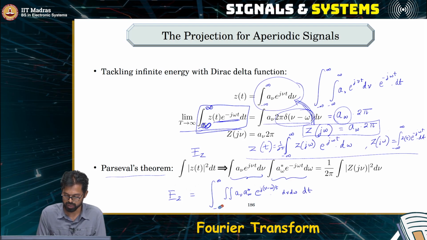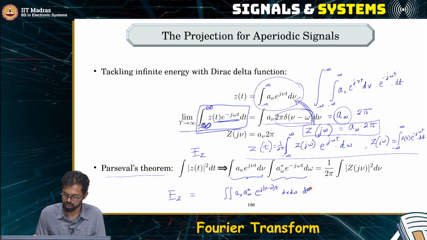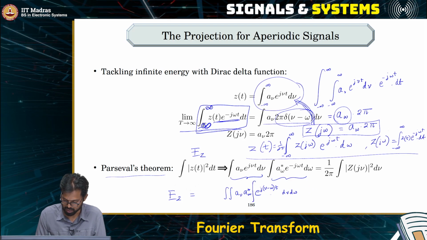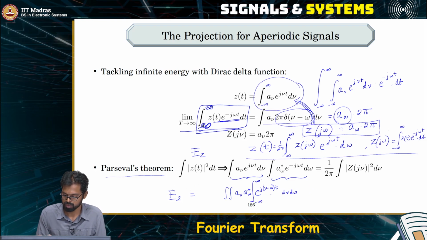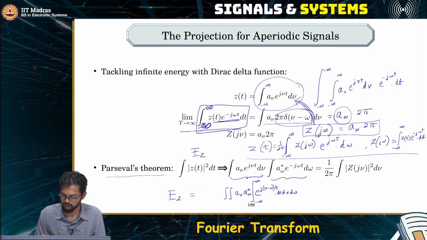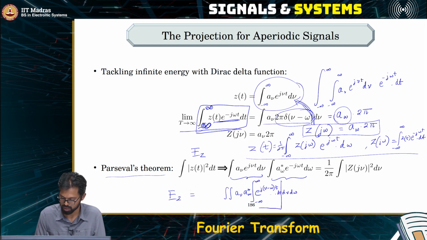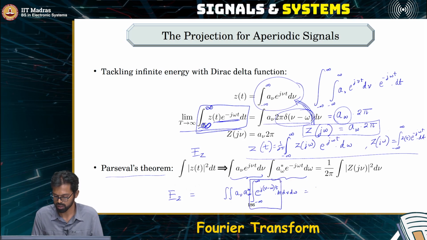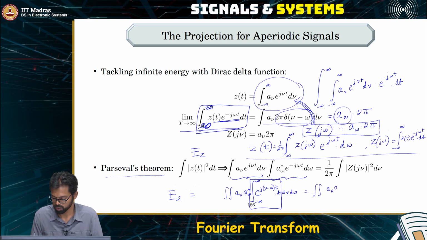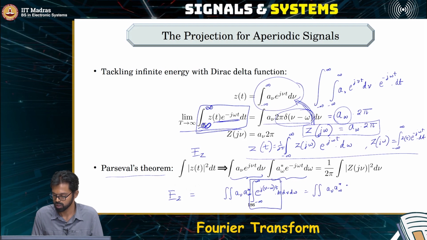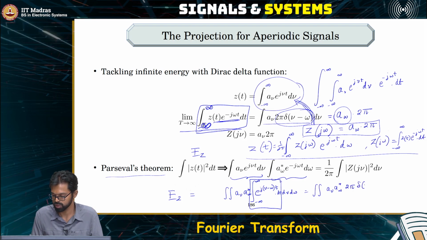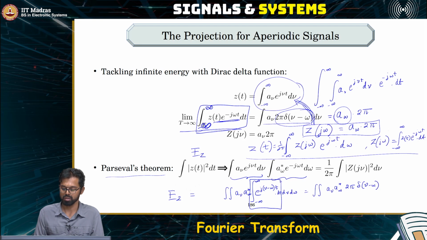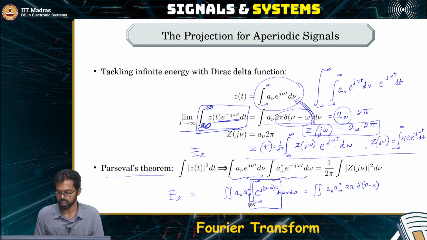What we will do first is bring this integration inside and compute that integral first. Computing this integral first, we would get a of nu times a of omega star times 2 pi delta of nu minus omega. So that's what we saw earlier.